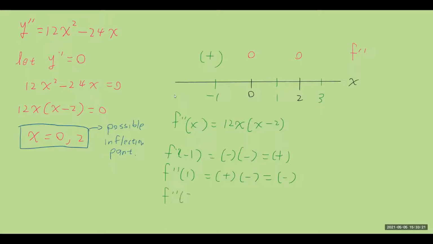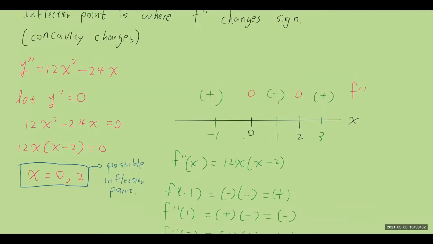F double prime of 3 is a positive number multiplied by a positive number, and that will be a positive number. Okay. All right, so we can see that they change signs at 0 and 2. That means these x equal to 0 and 2, these are points of inflection.